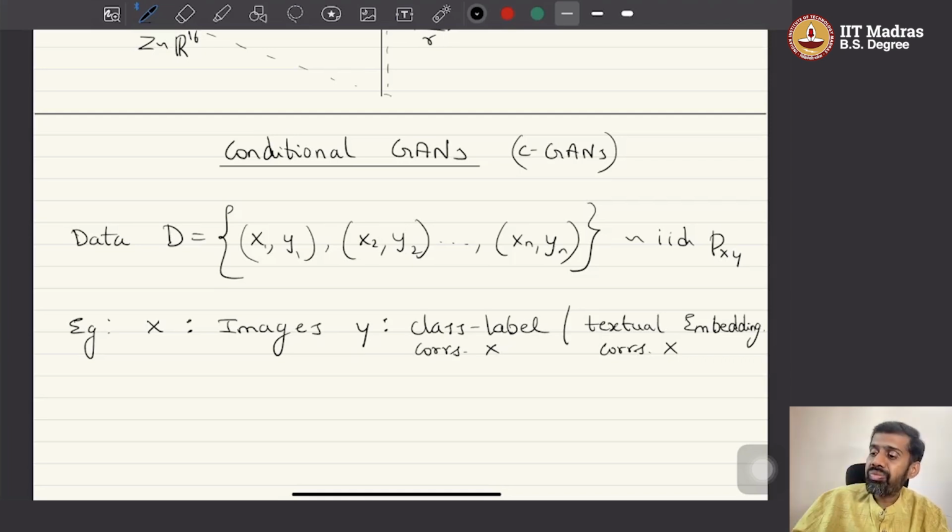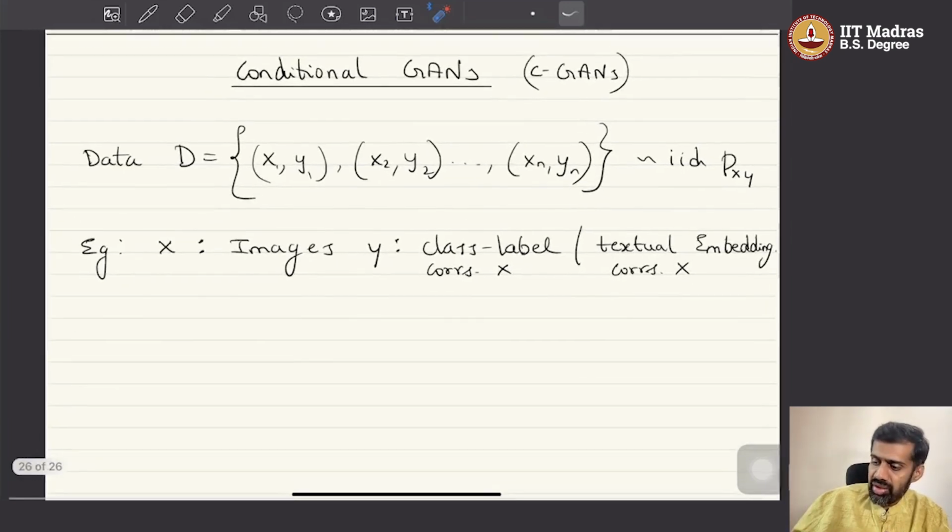For the ease of understanding, let's say that all we have right now are class labels. So basically we have a data set of images, and each image has a particular class label associated with it. You can take the example that I just gave, that we have images of animals, and each image has a particular class label that signifies what animal class it is. Now what is the objective here?